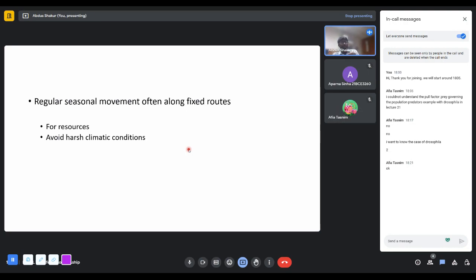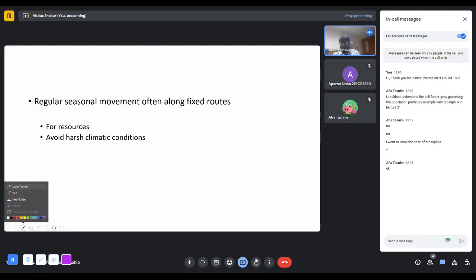Basically, migration can be of two types. If you have a specific place, it can be immigration, where, in terms of humans or other animals, the movement happens to a specific area from an outside region.